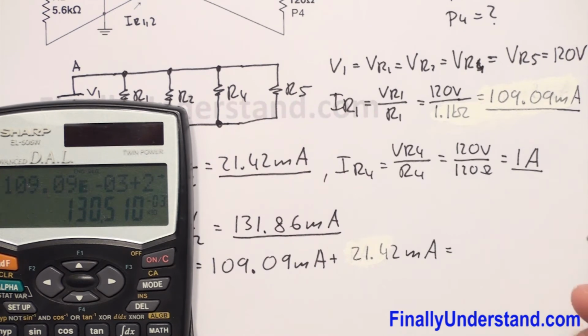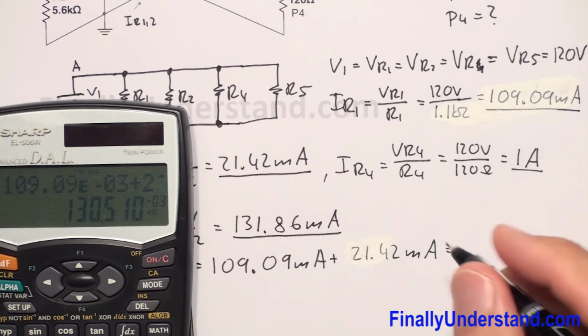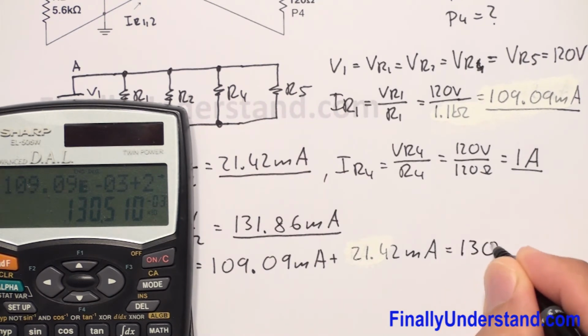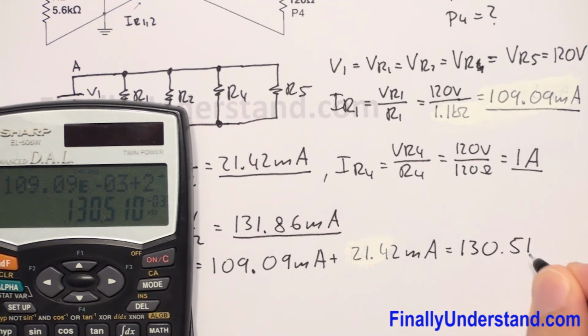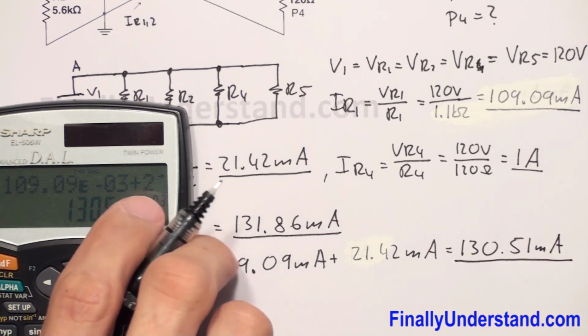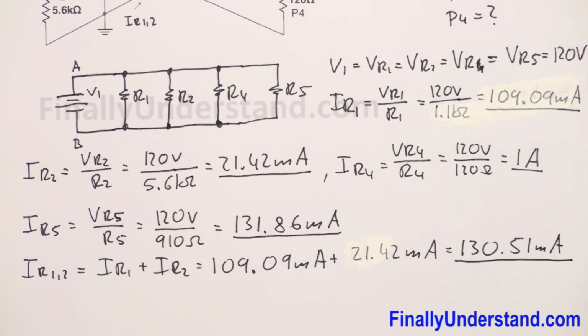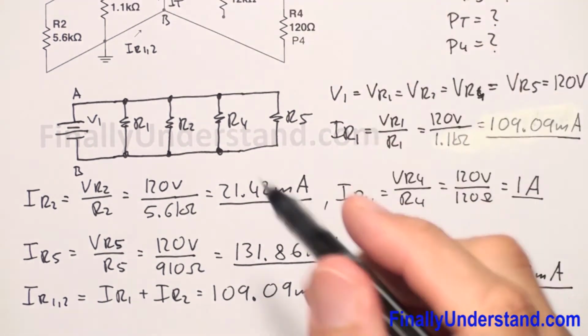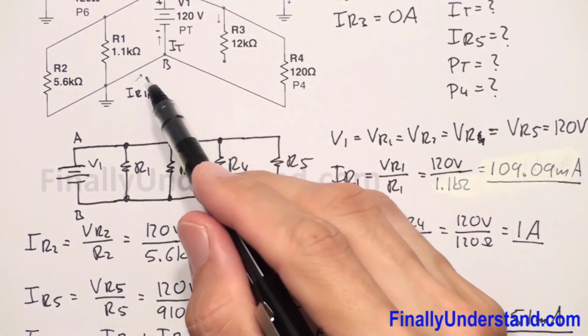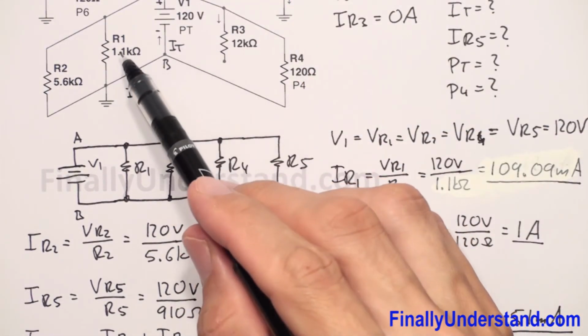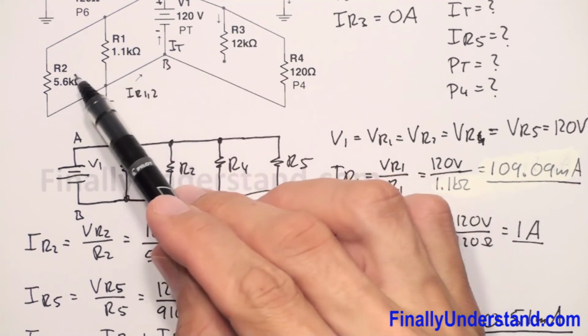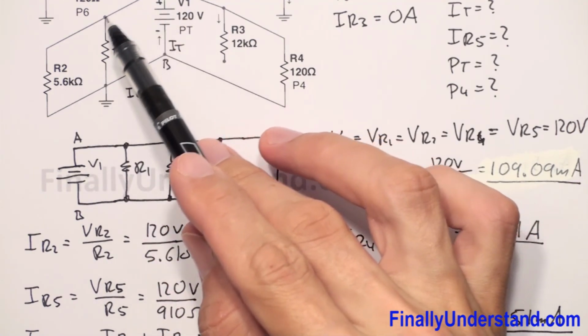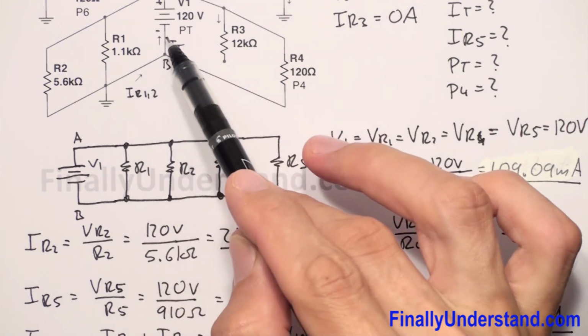This is equal to 130.51 milliamps. So this is my current which will go through these two resistors, and we're going to come back to the source.